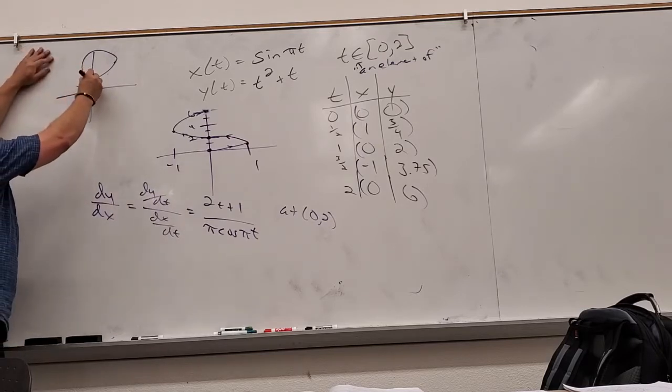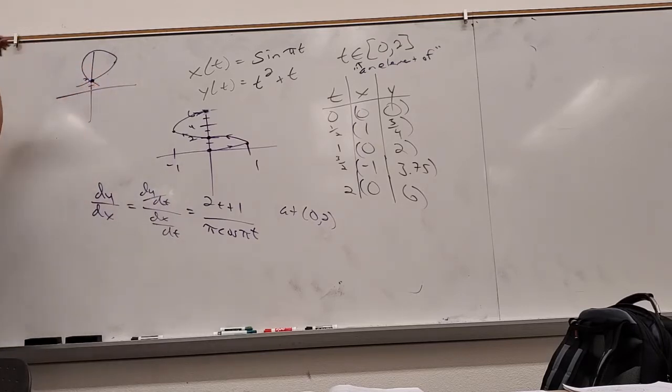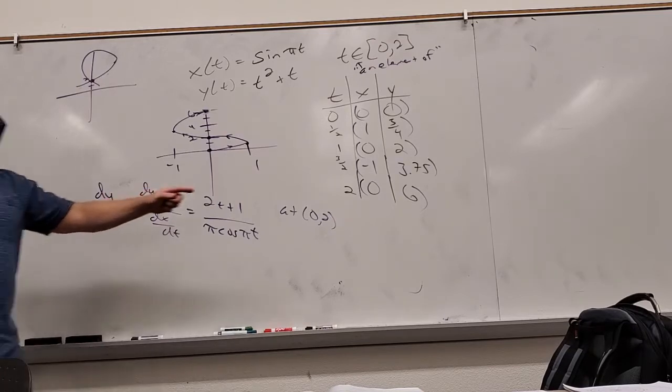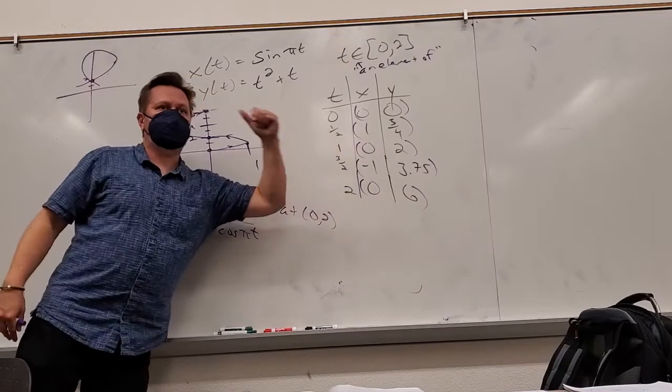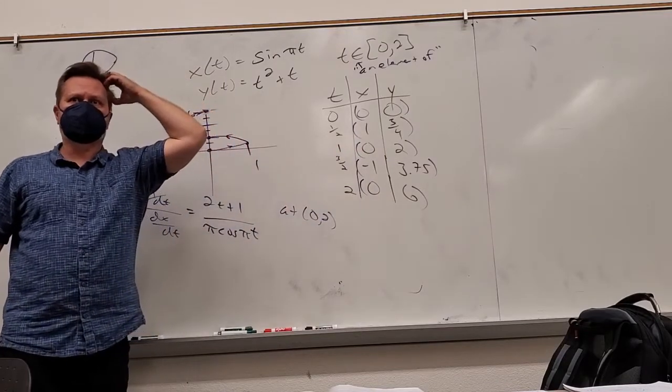Now, I was physically at that point twice, but at any given time, I'm only in one place. So just input output. If I consider my input to be t, it actually is a function of t. For every given t, there's only one point that comes out. You guys with me? Okay.